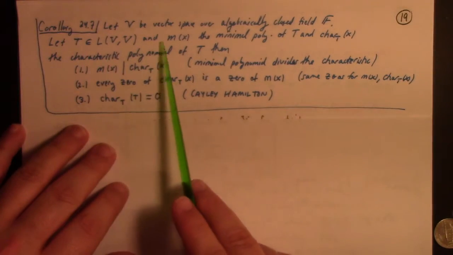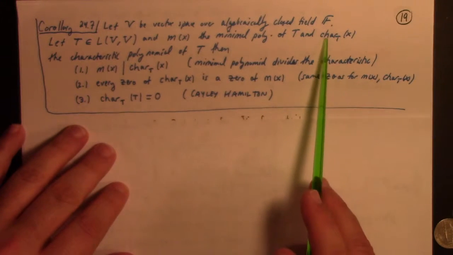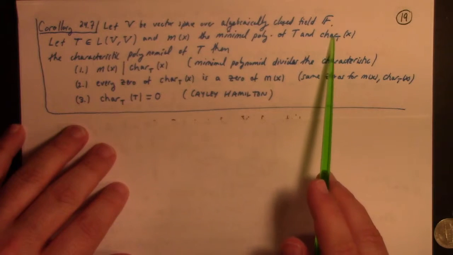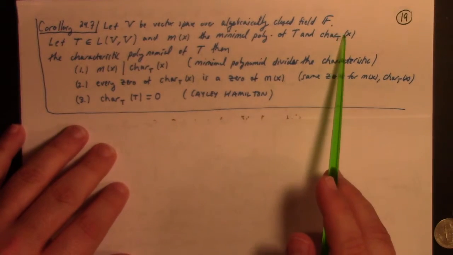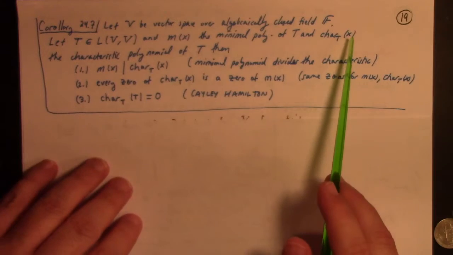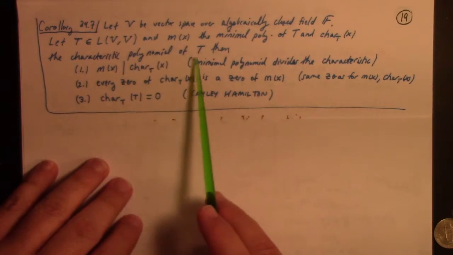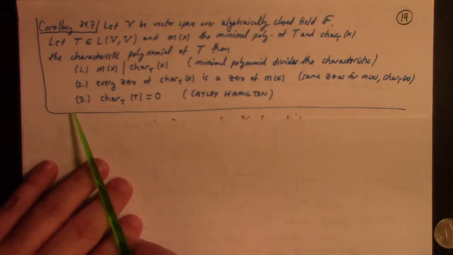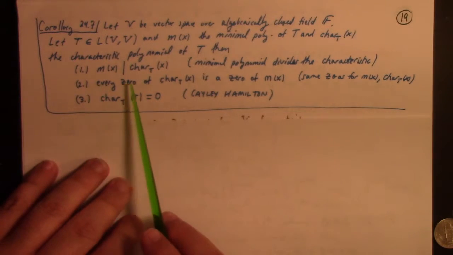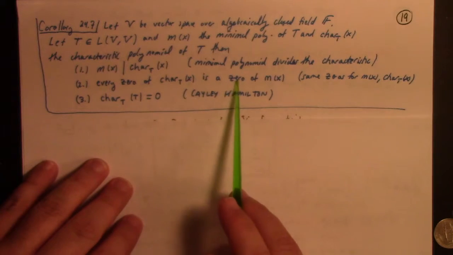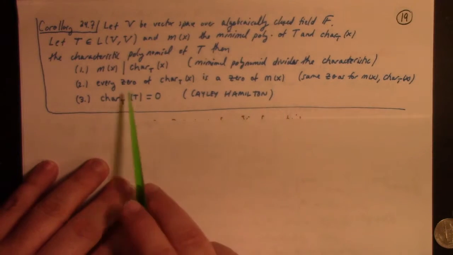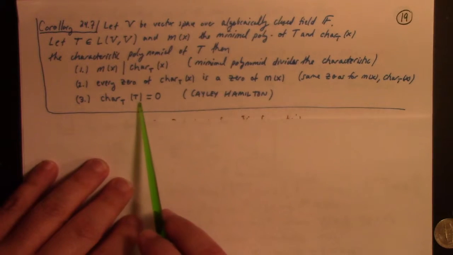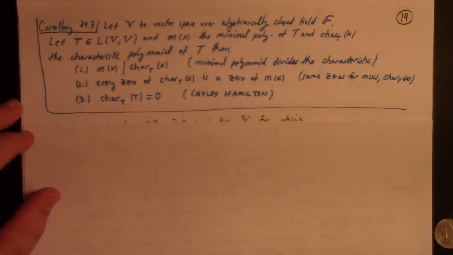And T, an endomorphism, m of x the minimal polynomial, and characteristic polynomial, char T. I think Curtis uses h of x for this, but anyway, the characteristic polynomial of T. Then 1, the minimal polynomial divides the characteristic polynomial. 2, every 0 of the characteristic polynomial is also a 0 of the minimal polynomial. That is very useful to know. 3, the characteristic polynomial of T, when you plug in T, you get 0. This is the Cayley-Hamilton theorem.